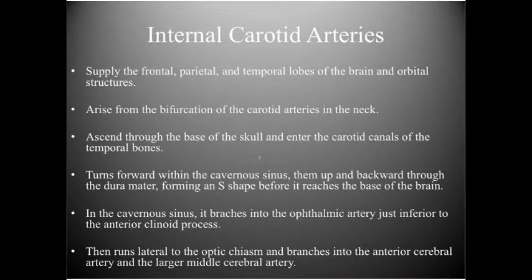So if we begin looking at the internal carotid arteries, we see that they supply the frontal, parietal, and temporal lobes of the brain and orbital structures. Notice that there is no occipital lobe here. They arise from the bifurcation of the carotid arteries in the neck, where the common carotid artery bifurcates into the internal and the external carotid artery.